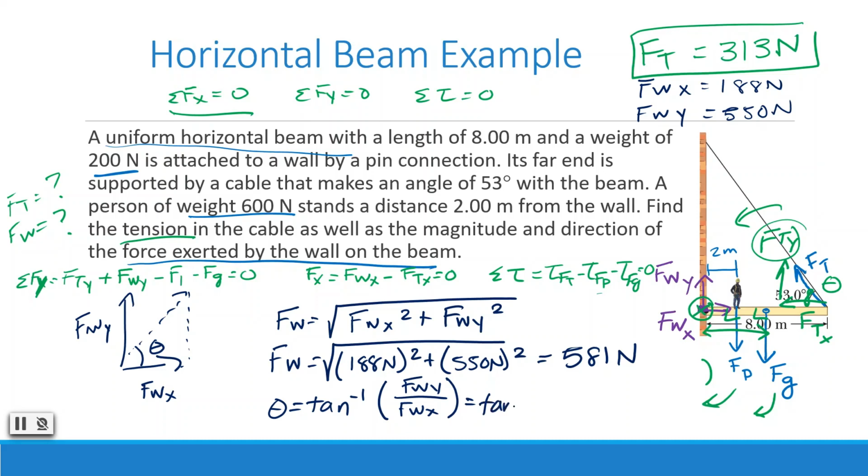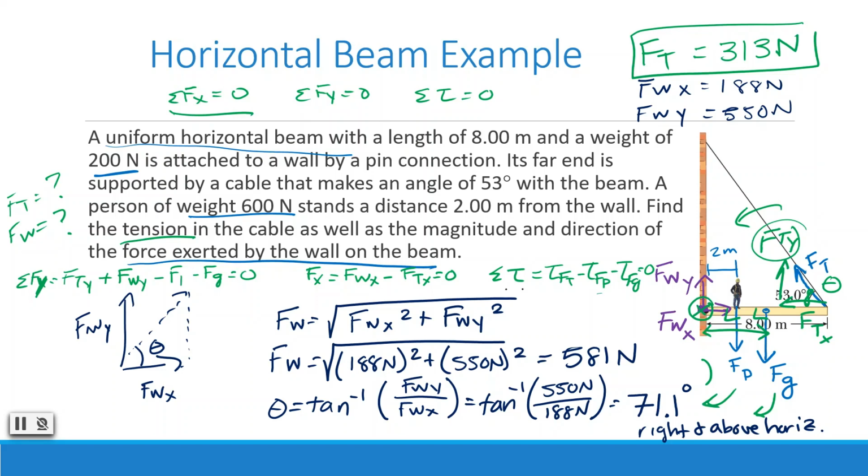So that's going to be tan to the minus 1 of 550 newtons over 188 newtons. Calculates out to 71.1 degrees. So I would say 71.1 degrees to the right and above the horizontal would be the most specific.